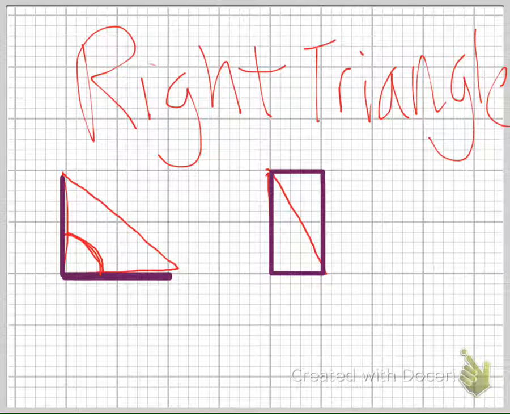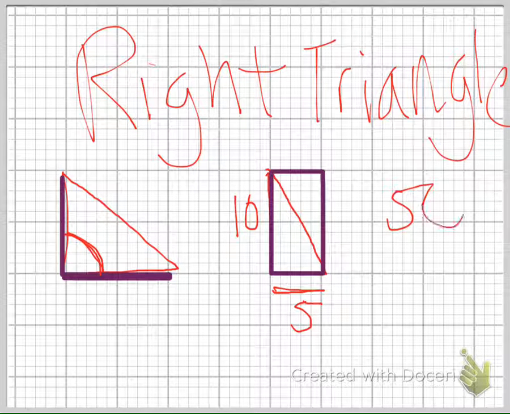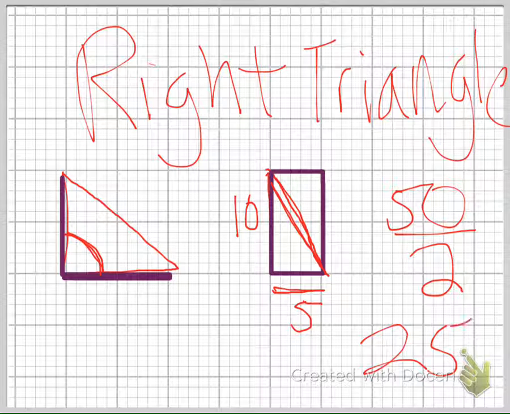It's going to have the same base length, which in this case is 5, and the same height length, which in this case is 10, right? So if we multiplied this rectangle, the area would be 50. But since we're only doing just the triangle, we only need half, which would be 25.